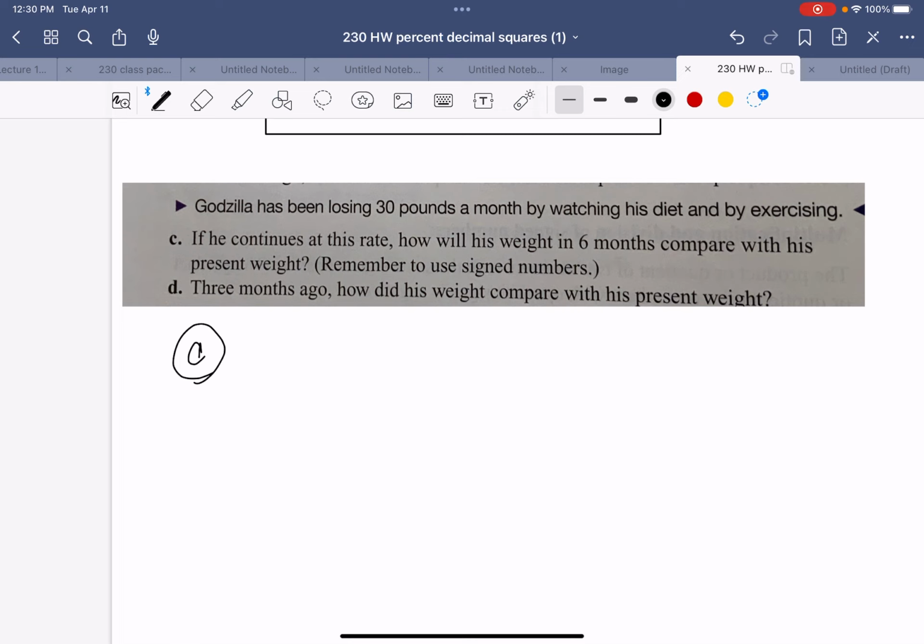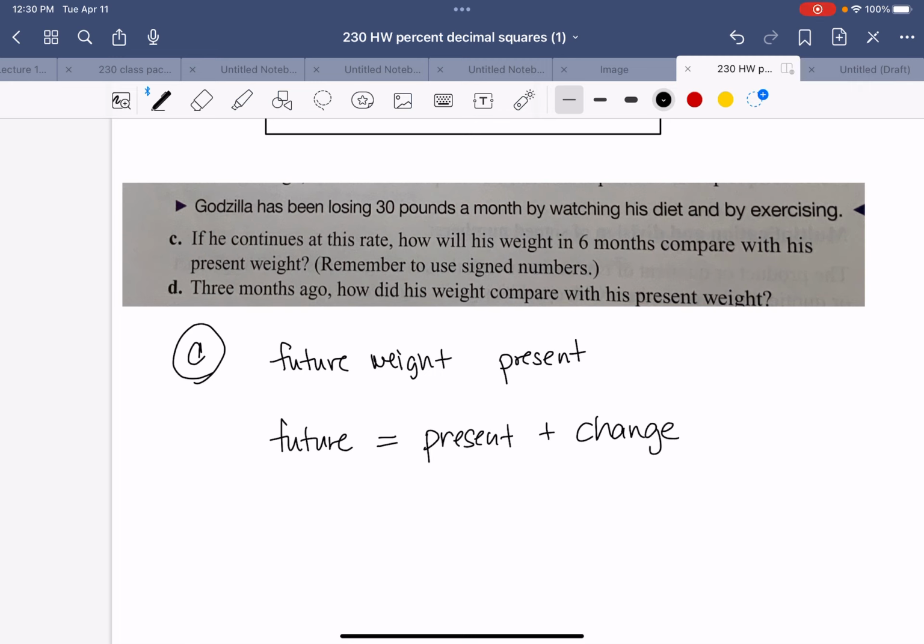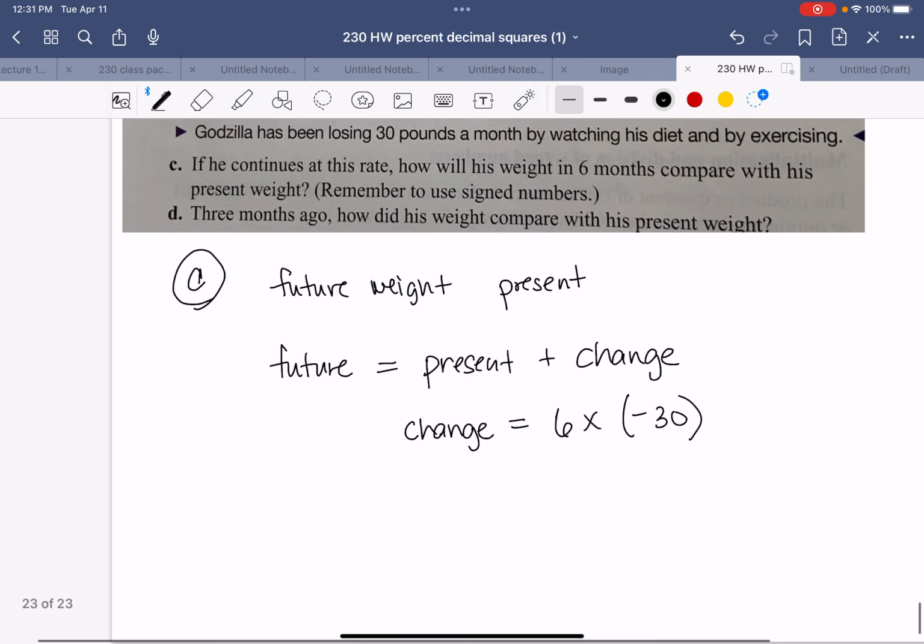So his weight in 6 months would be his future weight in relation to his present weight. And so his future weight is going to be his present weight plus some change. And the change here is going to be, we've got 6 months times the 30 pounds he's losing every month.